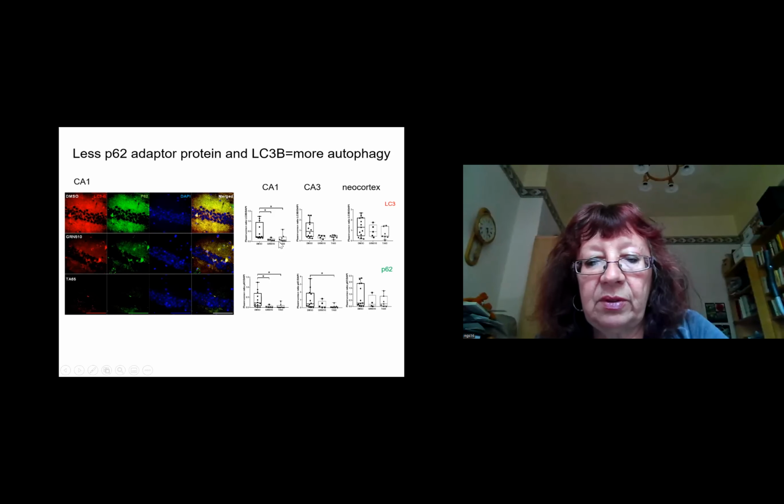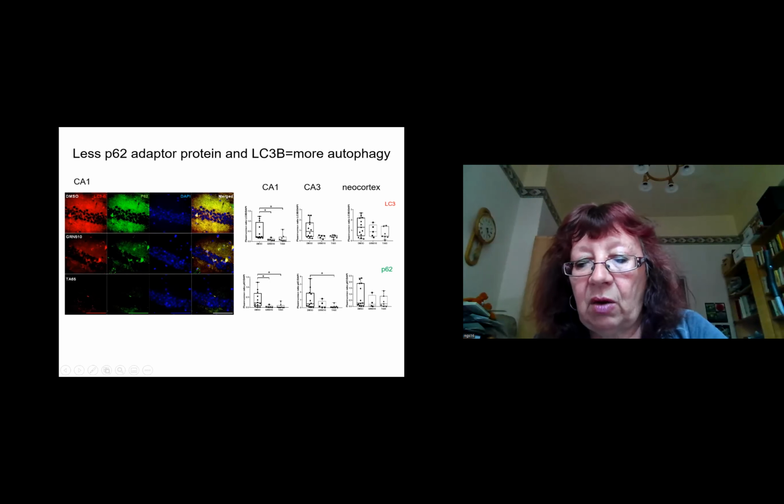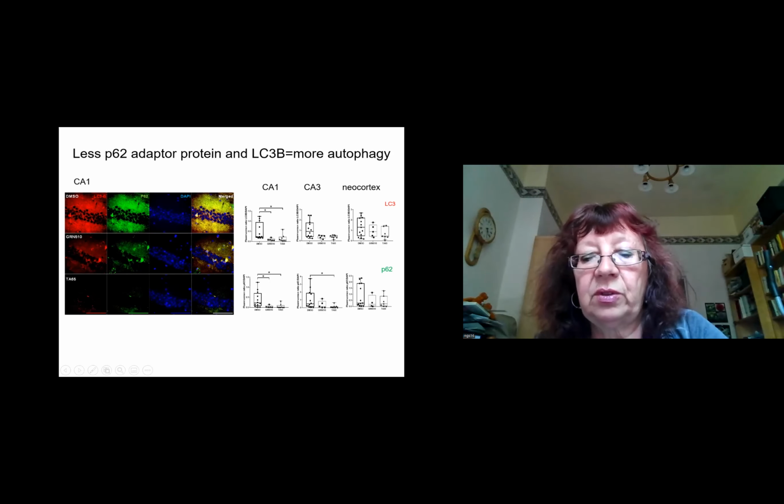You can see both are decreased, the P62 and the LC3, but we have the most significant effect in the CA1. There is quite a striking tendency in the CA3, but less so in the neocortex. However, the P62 has a very good trend as well.